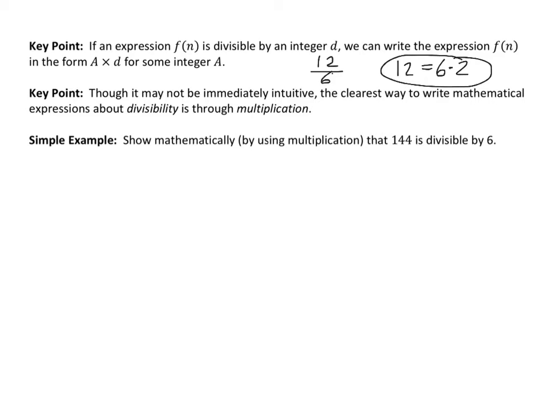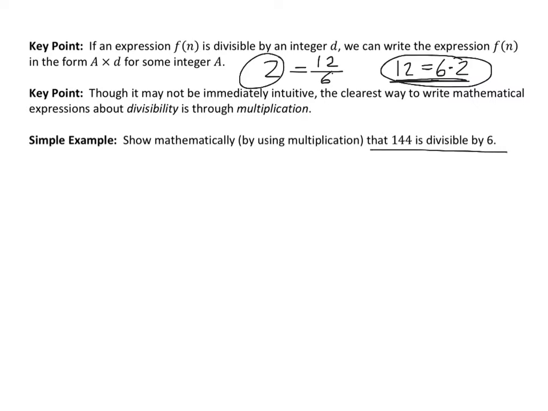Otherwise, I'd have to say 12 divided by 6 is 2, which is an integer, and we have to express that it's an integer. By doing it this way, we have a cleaner and quicker way of expressing divisibility through multiplication.